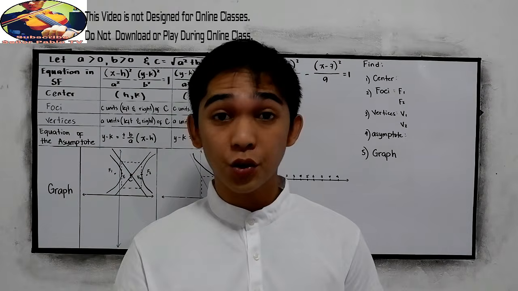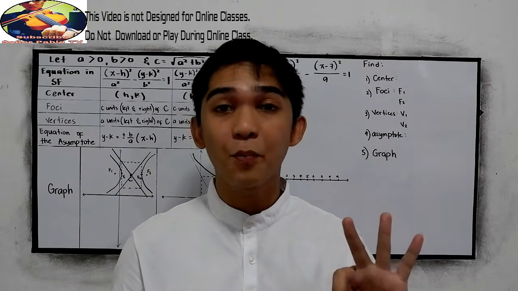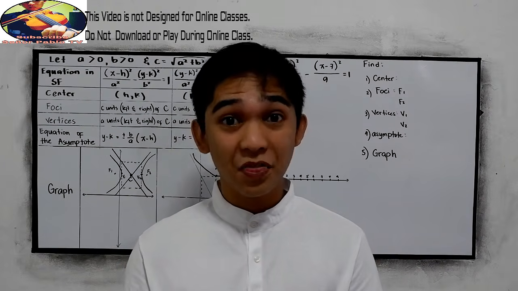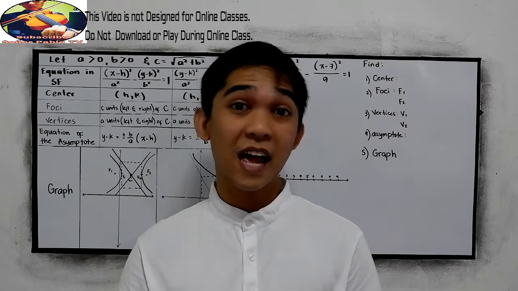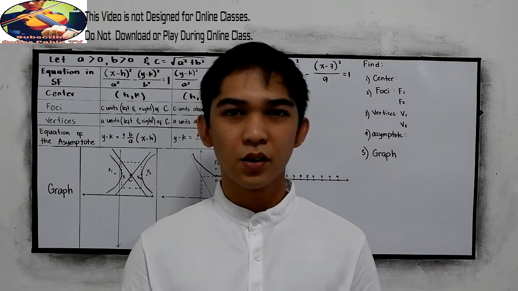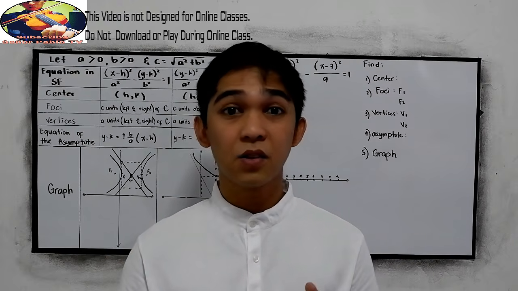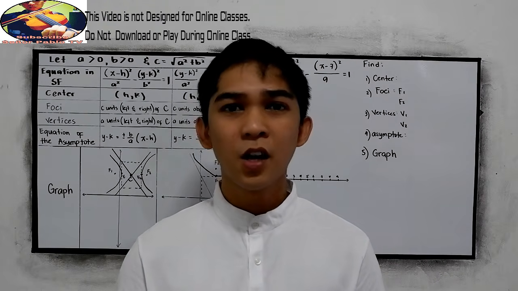And for today's tutorial video, we will be discussing example number 3 in the hyperbola. What if our center is not located at the origin, or our center is not (0, 0)? How are we going to find the center, the foci, the vertices, and how to graph the hyperbola?